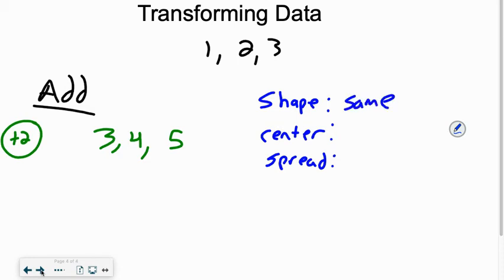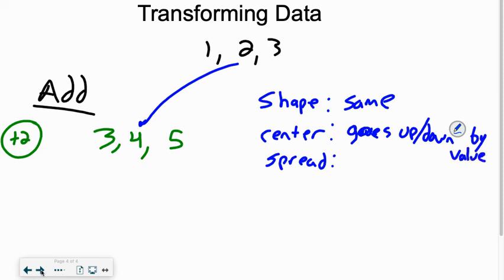The center, if you notice, the mean or the median went up by whatever value we added. If the number added is negative, you could also go down.